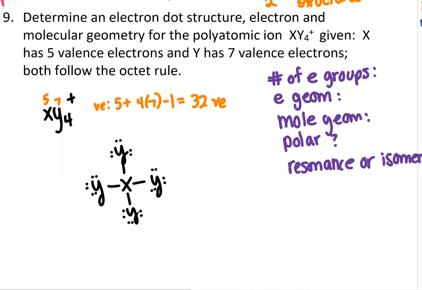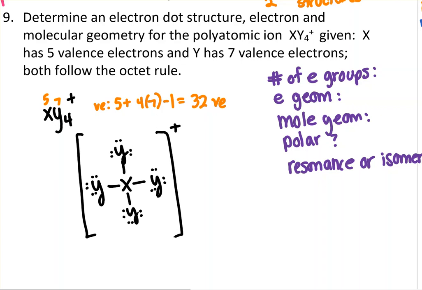And I have 32 electrons on there, so I don't have any to put on the center. Never make a double bond unless you need one. Notice X already has 8, so don't make a double bond unless you have a shortage on that central atom, and we don't. Okay, and on this we also need to put brackets and a charge to show that overall it has a charge.